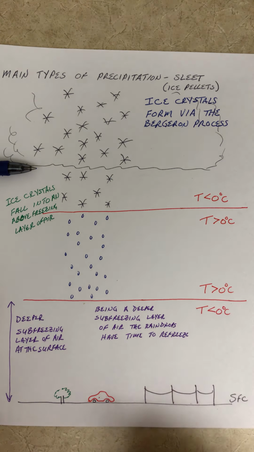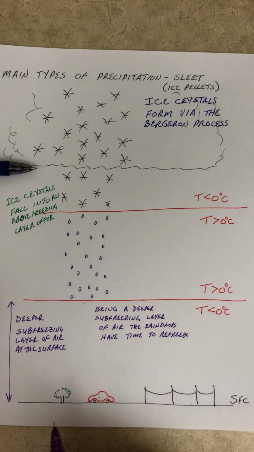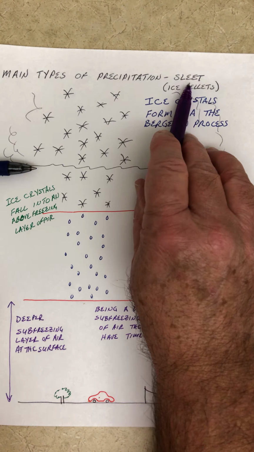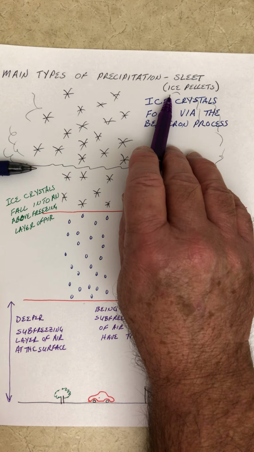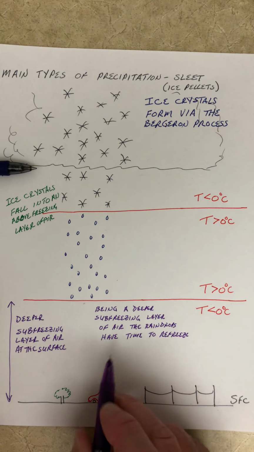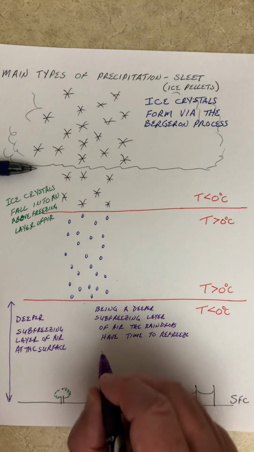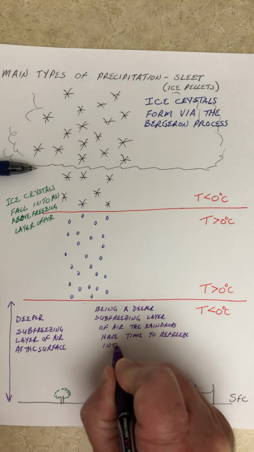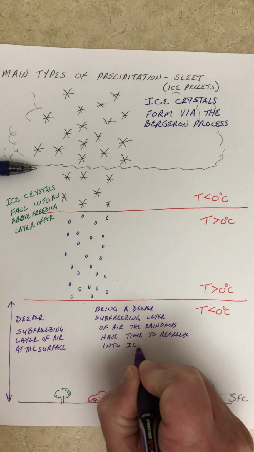Okay, and they're not going to refreeze into ice crystals, but they're going to refreeze into what we call sleet. Maybe a more graphic description would be ice pellets. So these raindrops have time to refreeze into ice pellets.